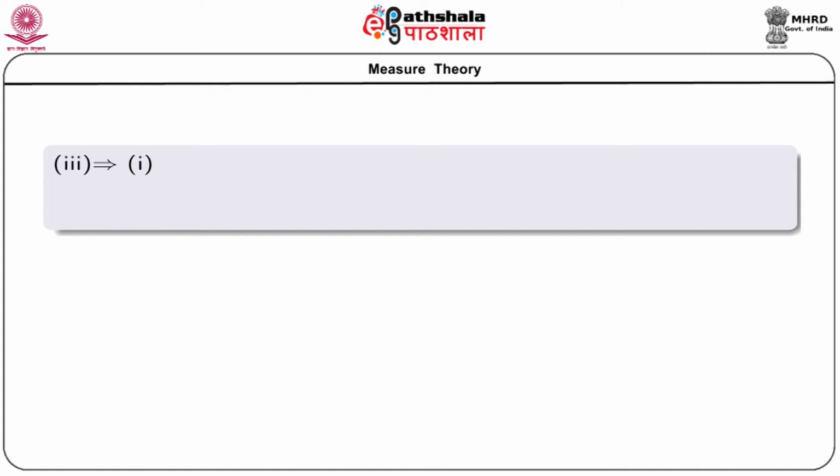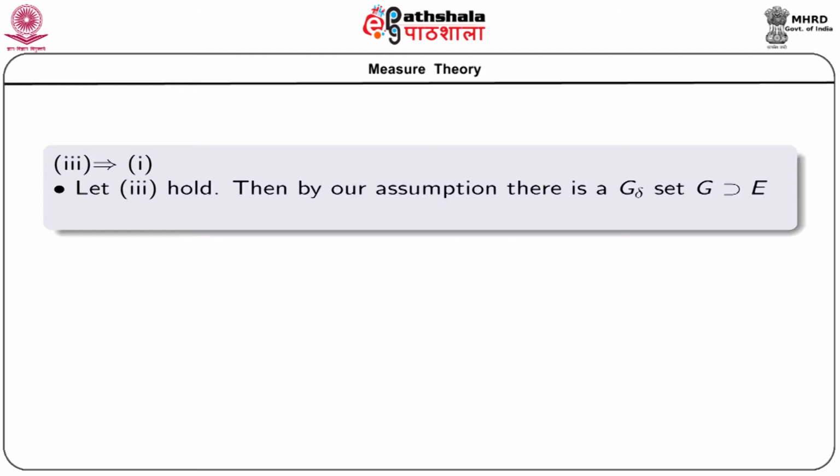We now again come to the assertion 3 implies 1. Suppose 3 holds. What does that mean? This means that there is a G delta set G containing E such that mu star of G minus E is equal to 0. Now, recall that we had seen that if a set has Lebesgue outer measure 0, then it is Lebesgue measurable.